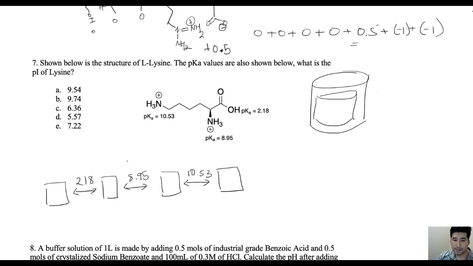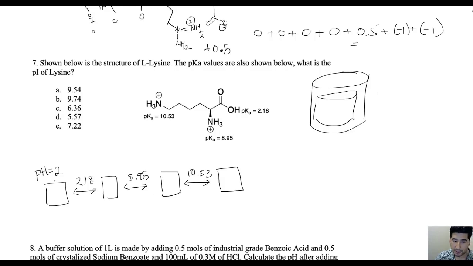Okay, and so what we're going to do is we're going to find out what's the charge when the pH is less than 2.18. So let's say the pH is equal to 2. It's a number that's less than 2.18, so I can use it.